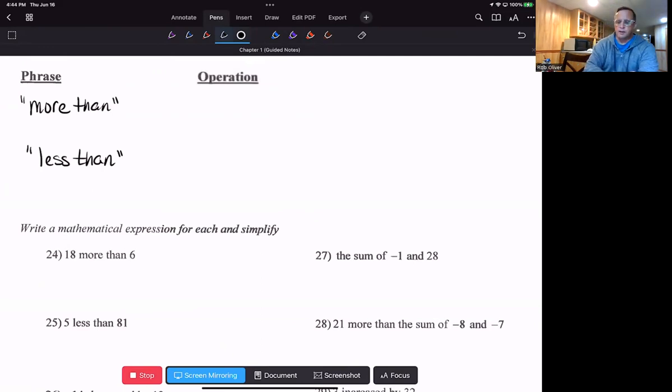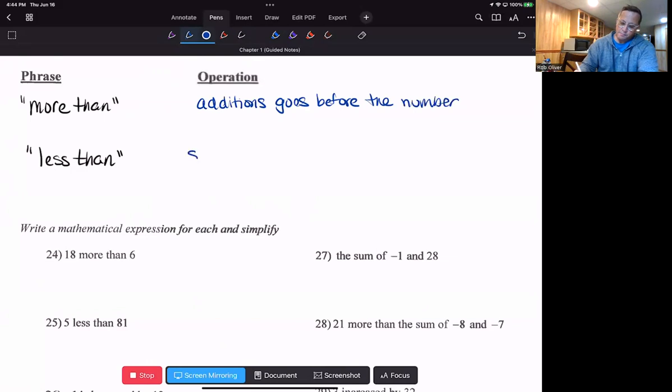Okay, and when it says more than, you want to put the operation before the number. And the same thing goes for subtraction.